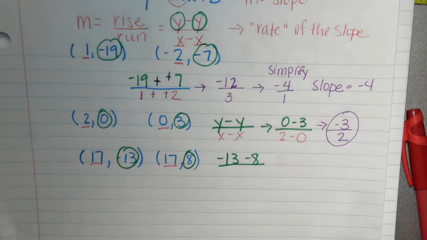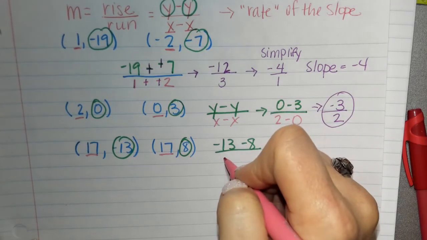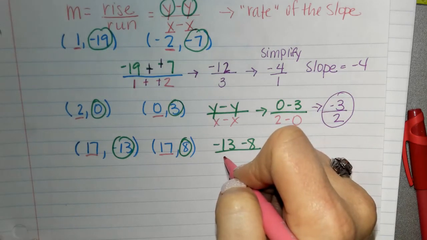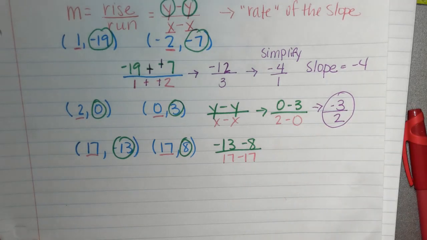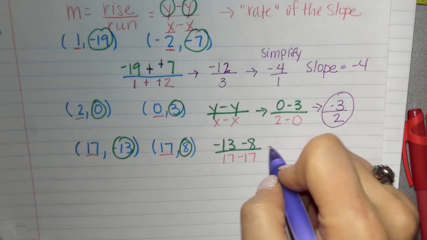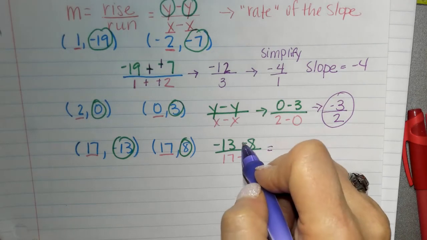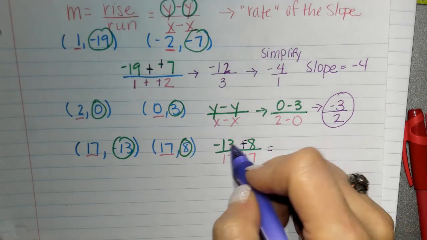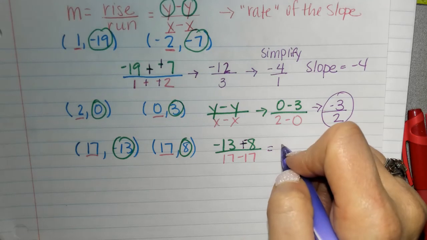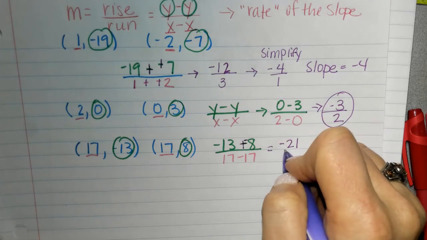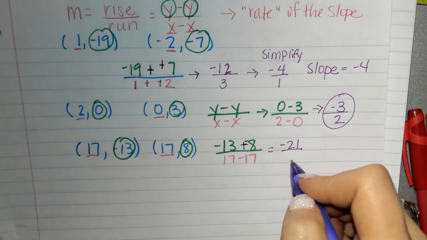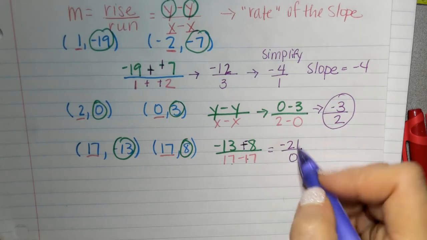Then subtract your x's. And then solve. Negative 13 plus the opposite. So you're adding two negatives now. And you get negative 21 over 17 minus 0.